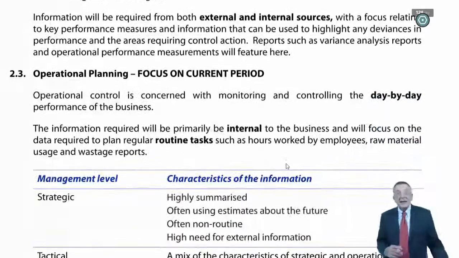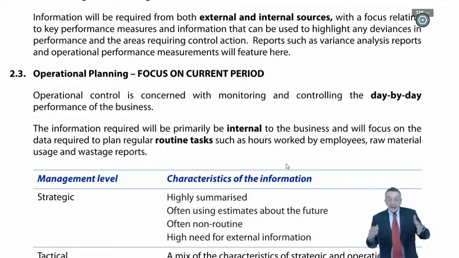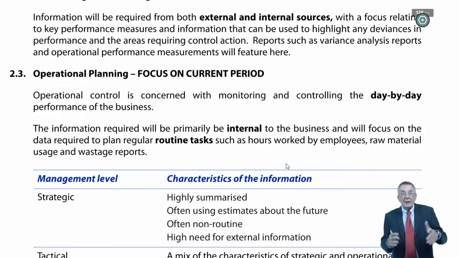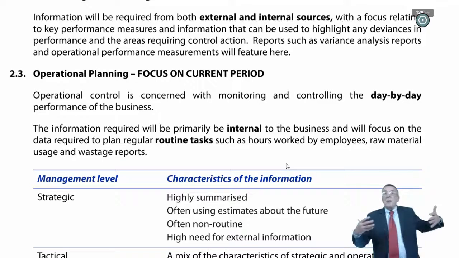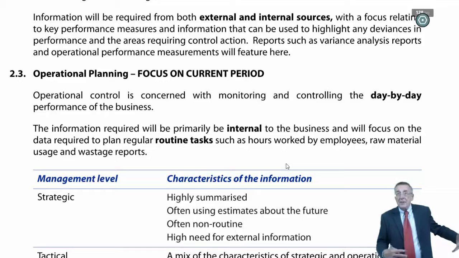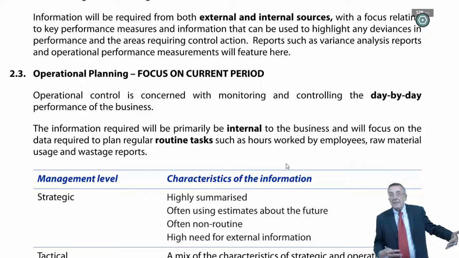Finally, once we've done our short-term plans, perhaps for the coming year, then it goes down to the operational level, which, as you can see, is focusing on the current period. Once we've done our budgets, for example, at the tactical level, we're planning on producing 1,000 units a month, say.